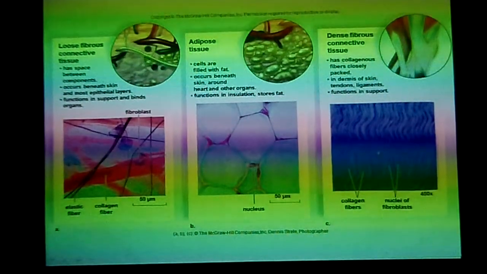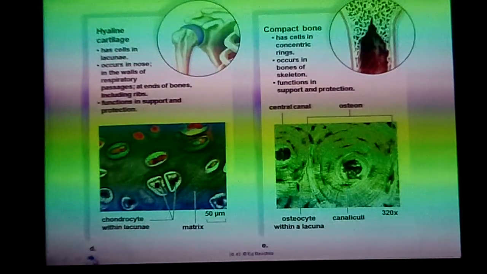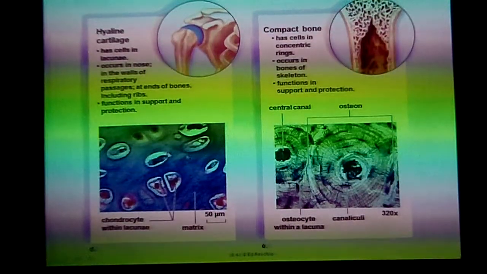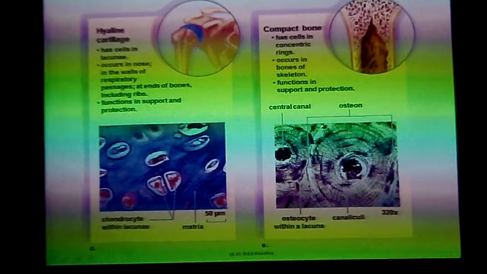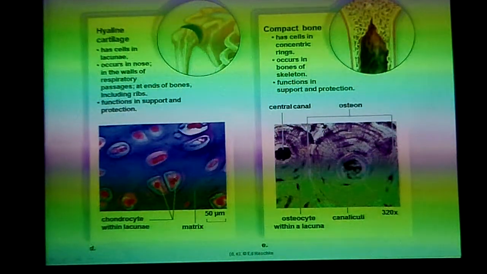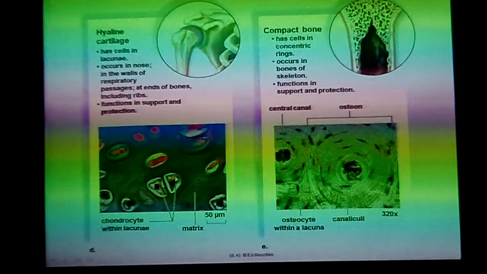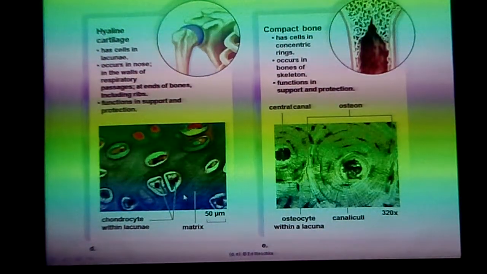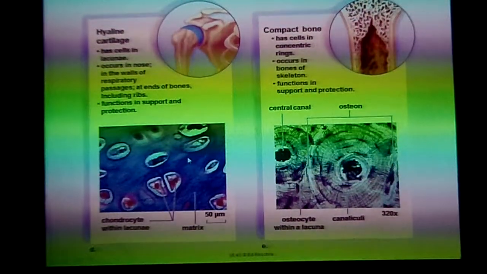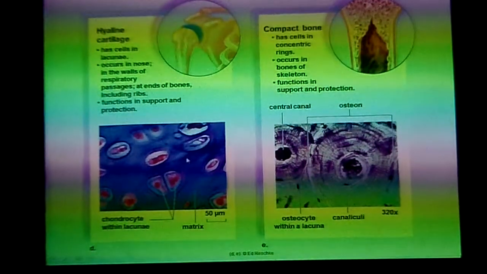Collagen fibers are real tough. You may have heard of collagen beneath the skin. And this is what cartilage looks like under the microscope. It's a connective tissue too. Special cells called chondrocytes sit inside your cartilage and squirt out nutrients to the surrounding matrix that's around the cells and builds up this tough tissue that we call cartilage.